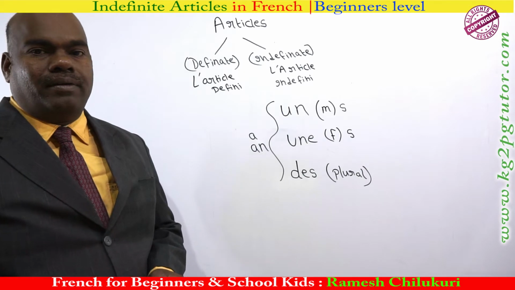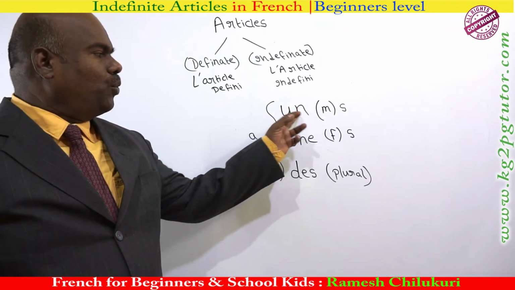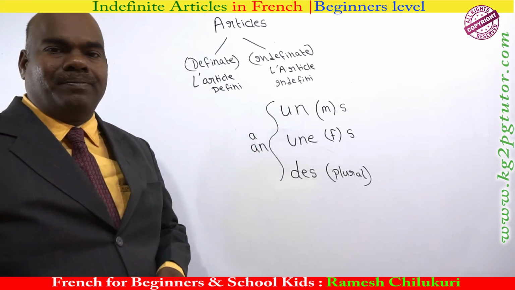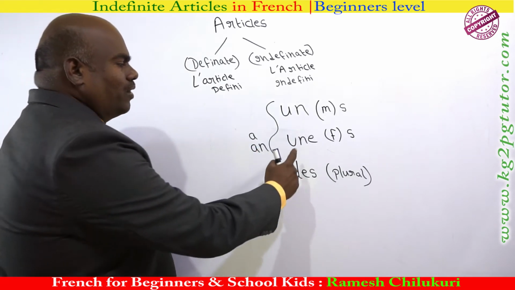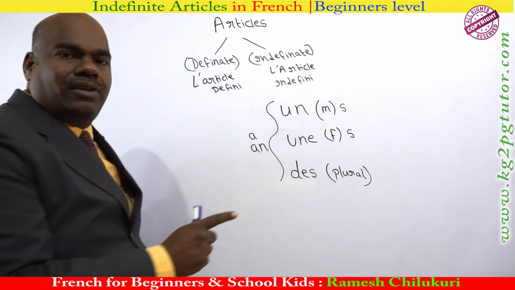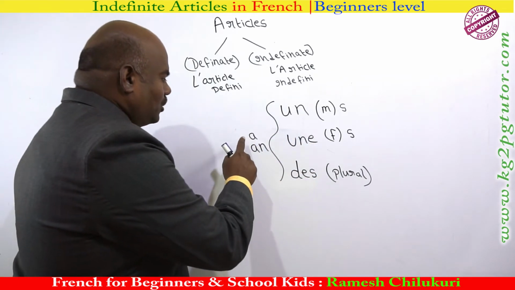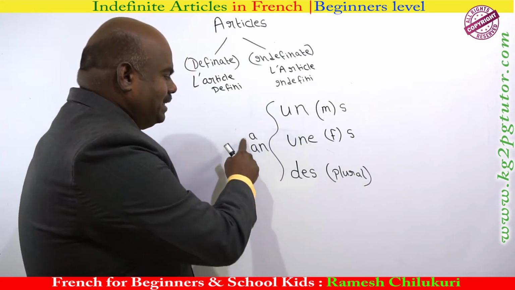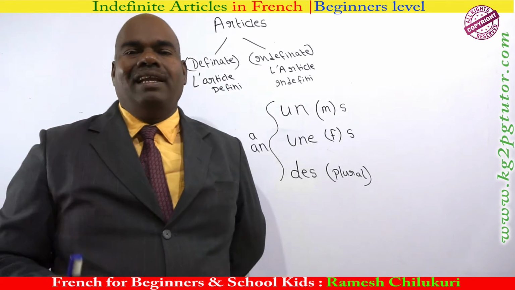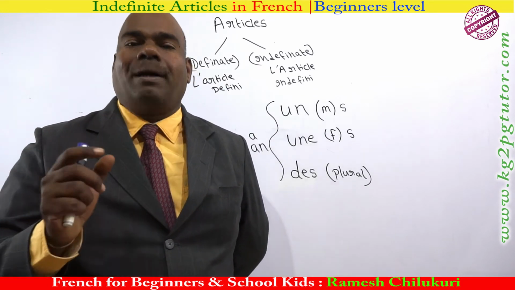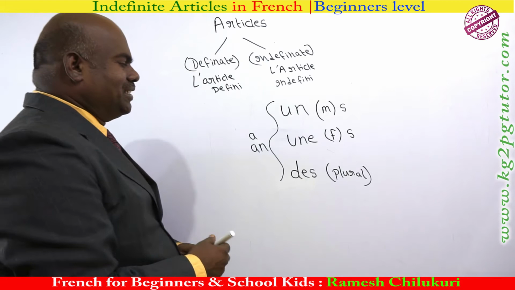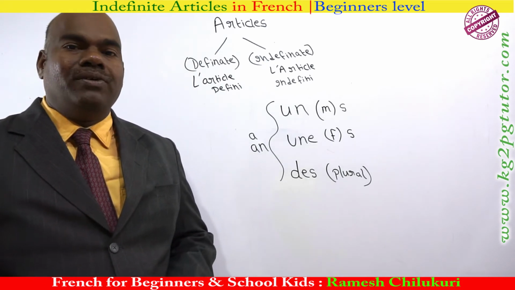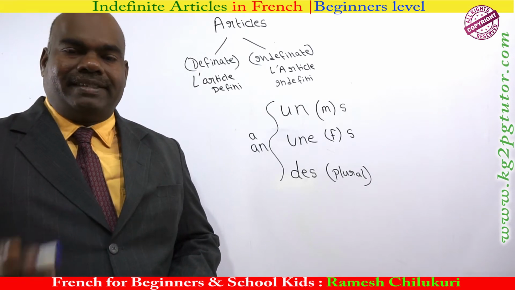Un, the meaning of un is nothing but a as well as an. Similarly, une is also a and an, and they mean the same thing. But here, literally, we refer to des as some in English, so that it is easy for you to say.